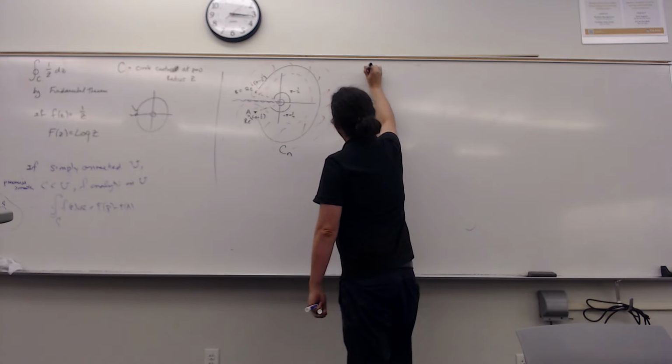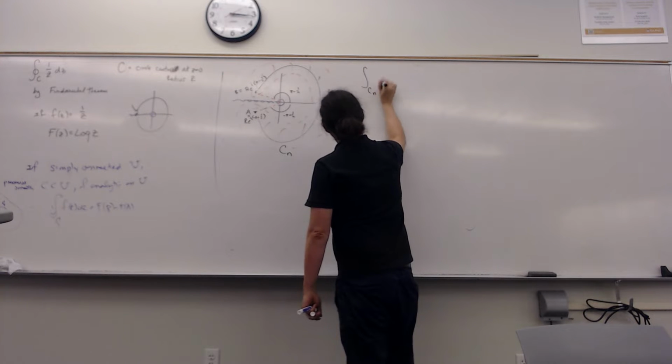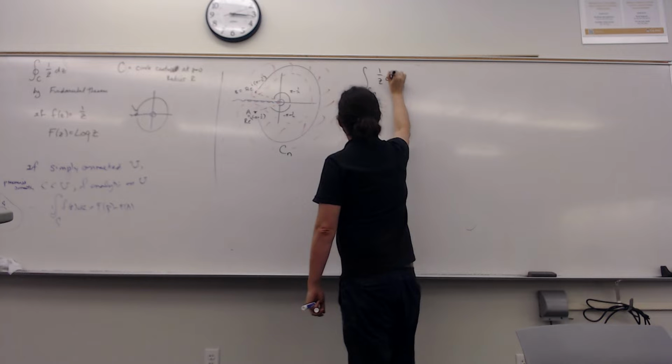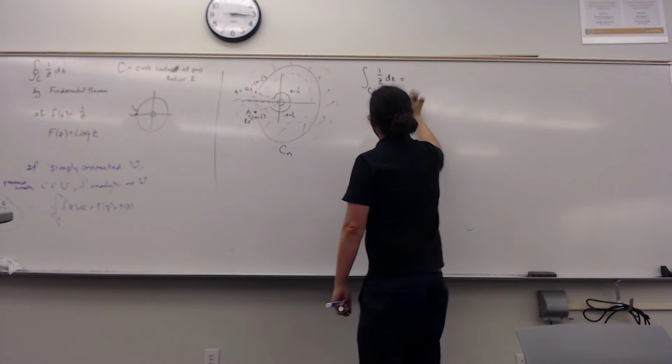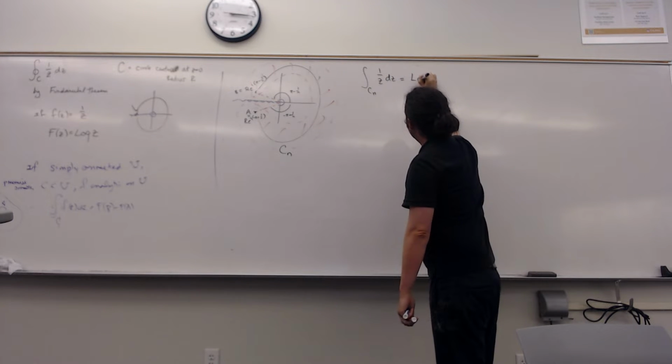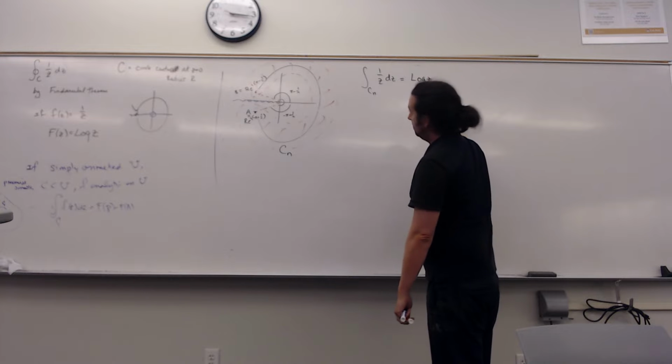So that means that the integral over Cn of 1 over z dz is equal to, well, the antiderivative of 1 over z is log z.